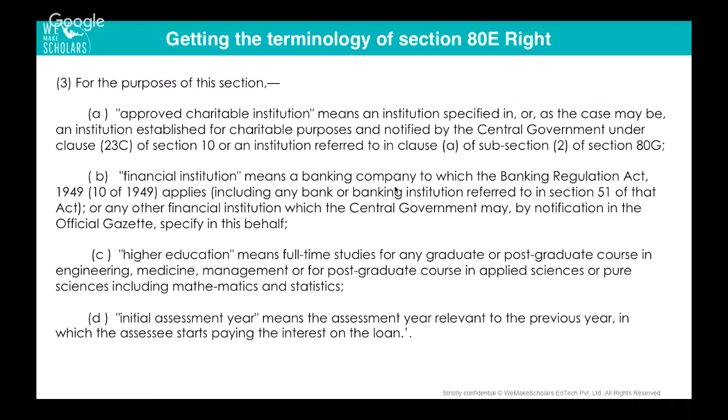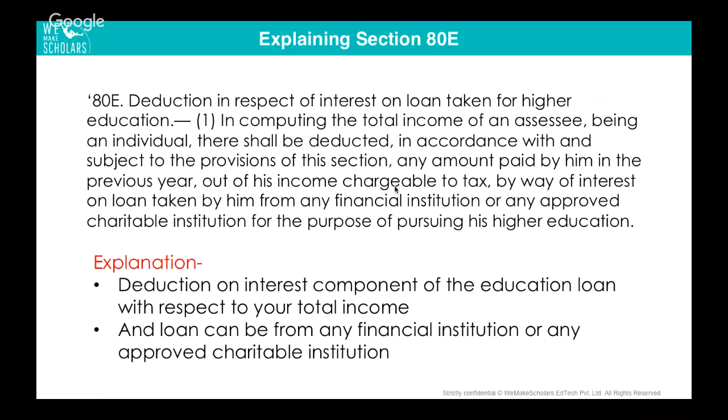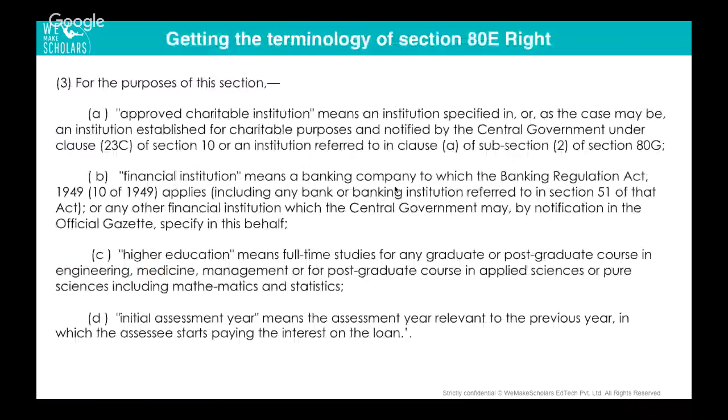Okay, so getting the terminology of section 80 right. Now these two slides were actually on what exactly the section on the income tax website says. And then the income tax website itself has provided a clarification of what it means by the different terms used in the section. So one thing is approved charitable institution.